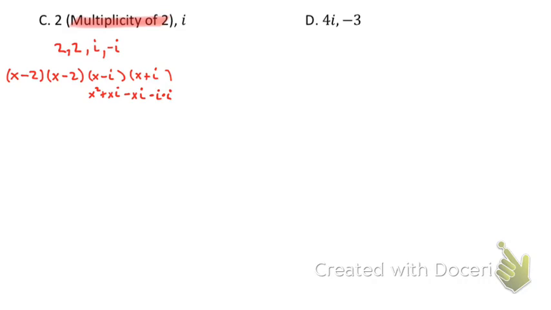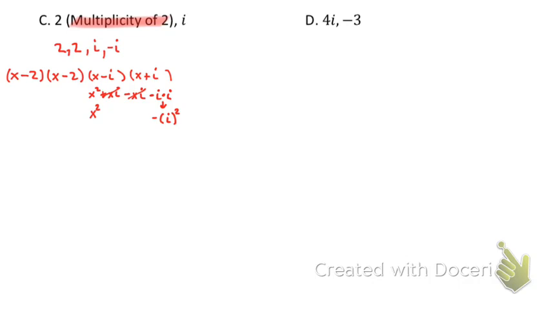We get x squared, positive xi, negative xi, so basically positive 1xi and negative 1xi. They cancel. And here, this is really negative i squared.